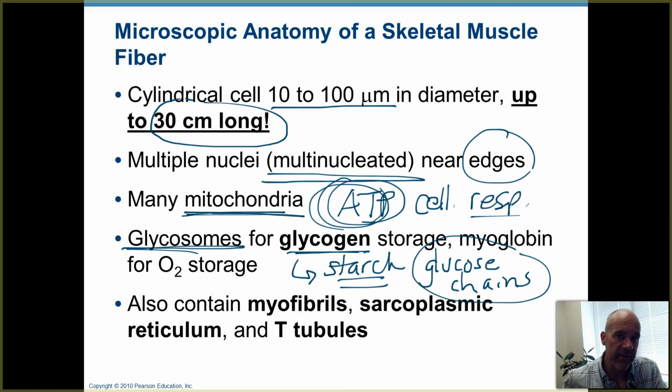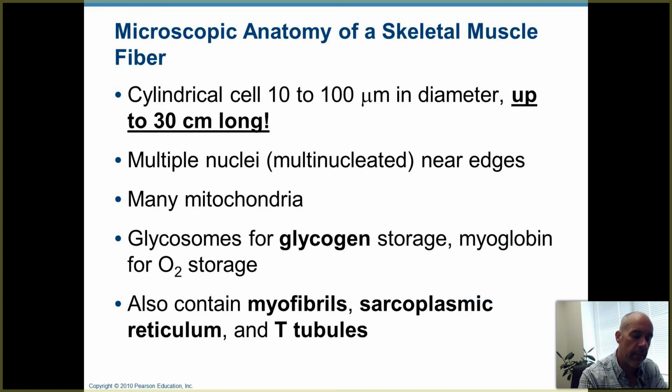Since glucose is a favorite energy source for cells, and your skeletal muscles need lots of energy, when you have excess glucose available, they'll link glucose together in chains to make glycogen, and they'll store that on the inside so that they can use it when they're having to do lots of contractions.